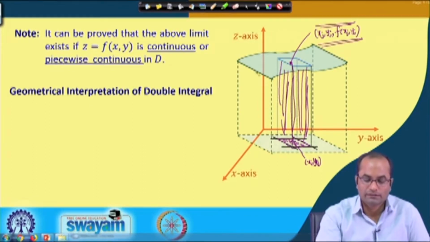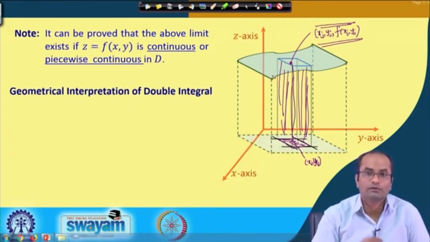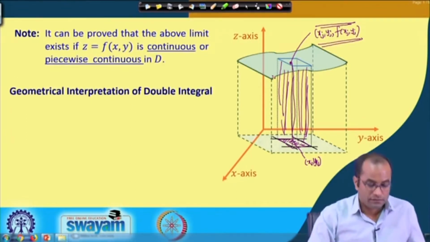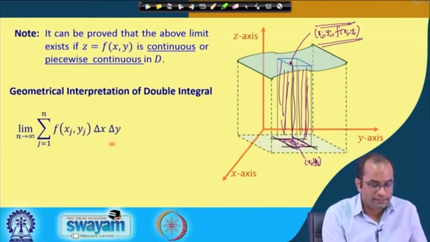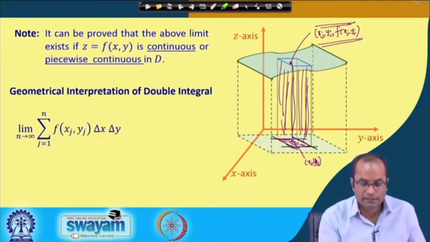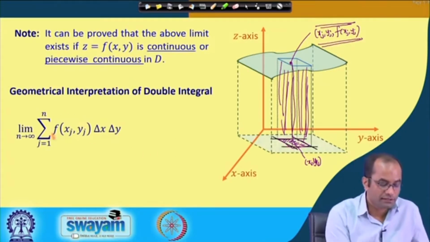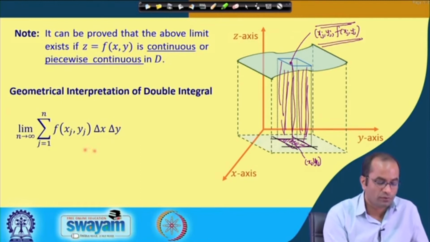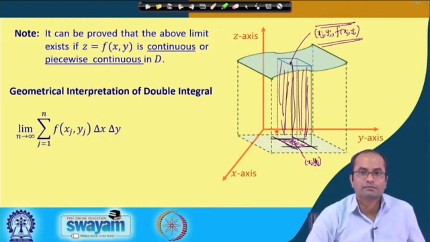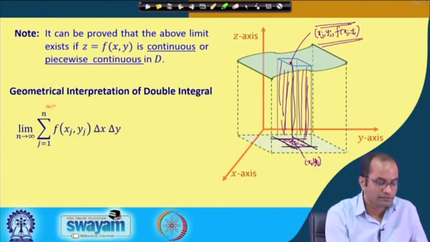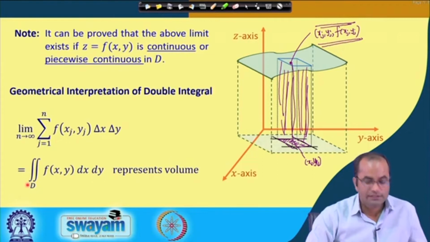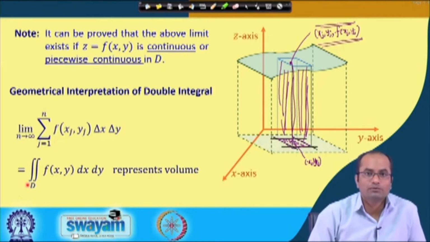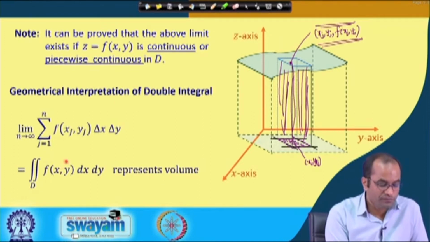So, we will get the volume under this surface. This delta x delta y was the area of the subregion defined here, which is multiplied by this f. So, this gives the volume of this smaller subregion, and such subregions we are adding here, and that will be denoted by this integral. So, that will represent the volume.